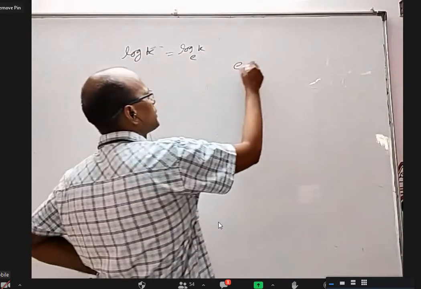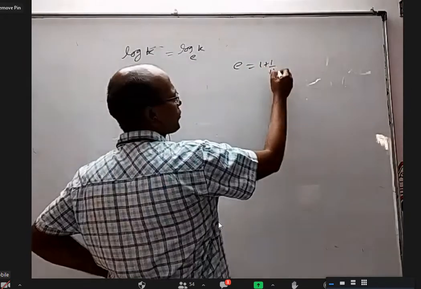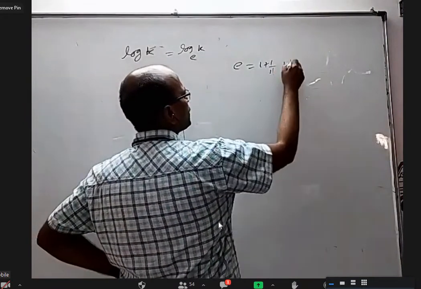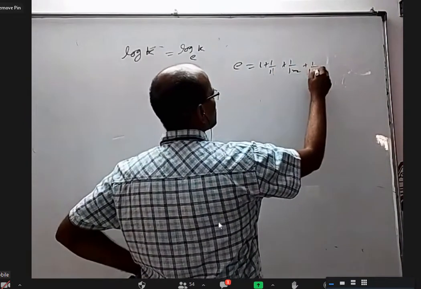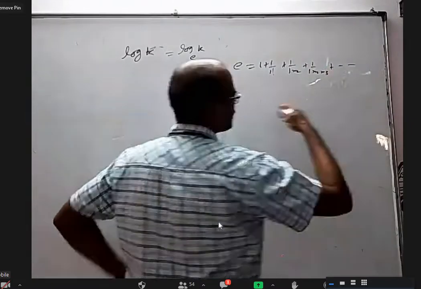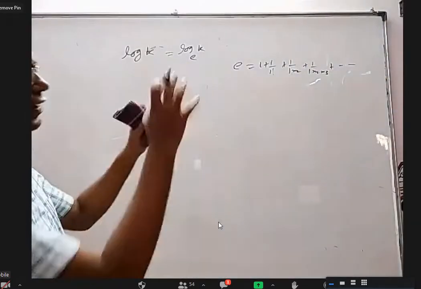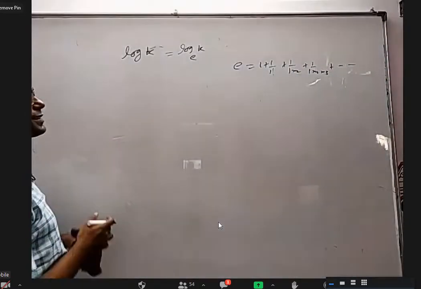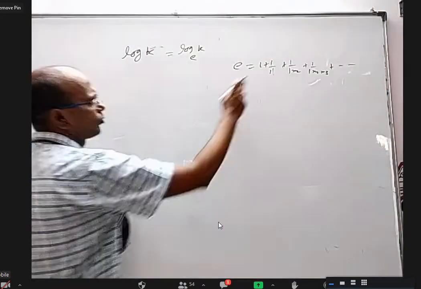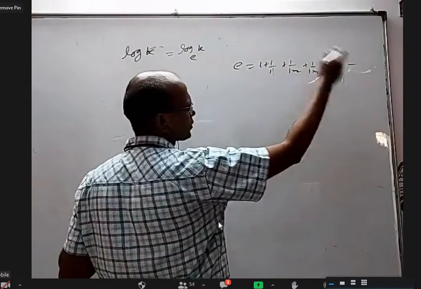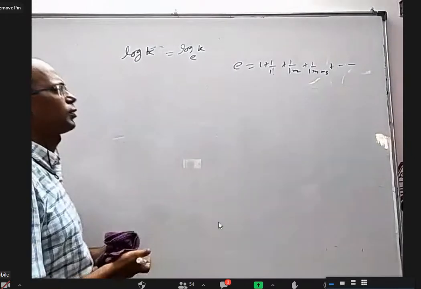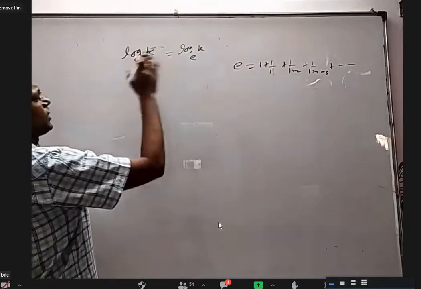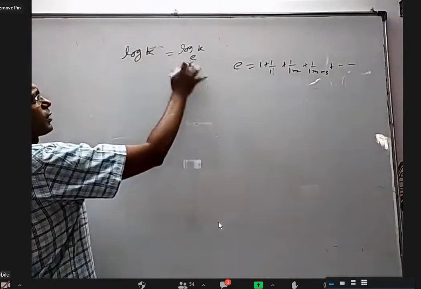E is the number 1 plus 1 by 1 factorial, that is 1 by 1, plus 1 by 1 into 2, plus 1 by 1 into 2 into 3, forever it goes, but it is a finite number, not an infinite number. That is e. Reciprocals of 1 natural number, 2 natural numbers, 3 natural numbers, 4 natural numbers, like that. But anyway, log k, if nothing is mentioned, the base we take is e.